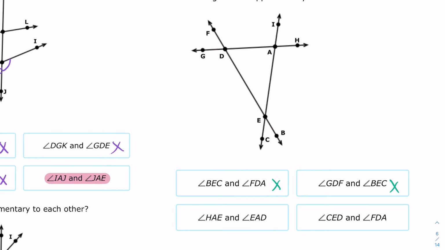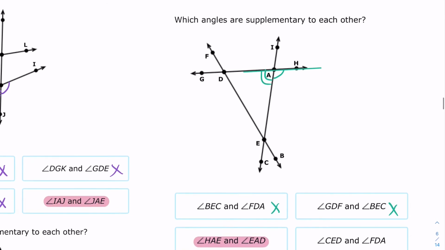Okay, again, we're looking for supplementary. Should stand out to us. So HAE, so here's HAE, and EAD, so EAD is this one, and look at that. They form a linear pair, okay? So I like that. So this is the answer, they're supplementary because they are adjacent and supplementary, so they are a linear pair.